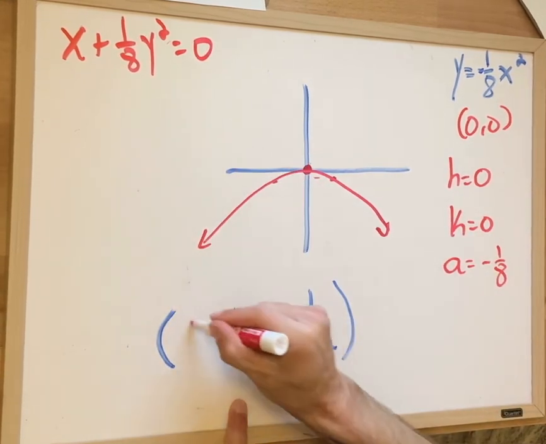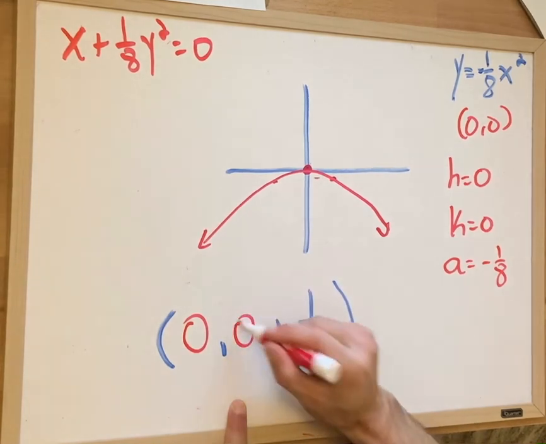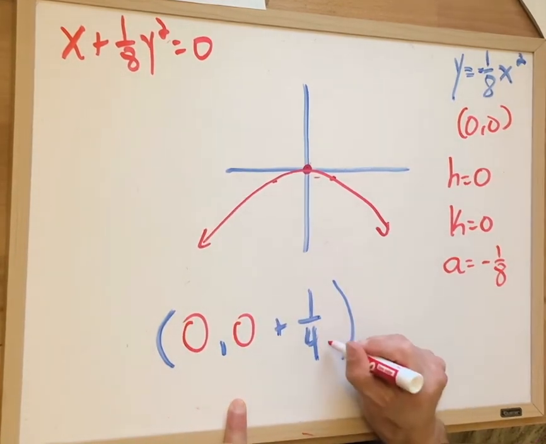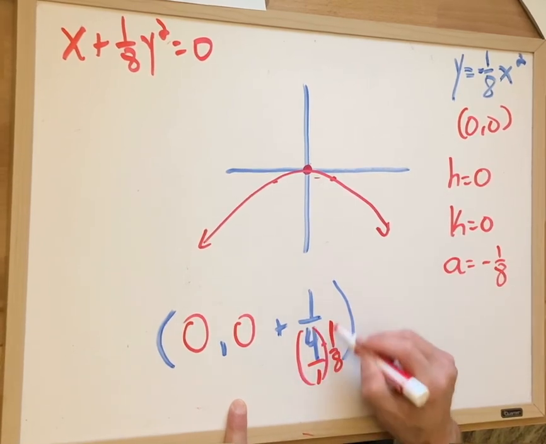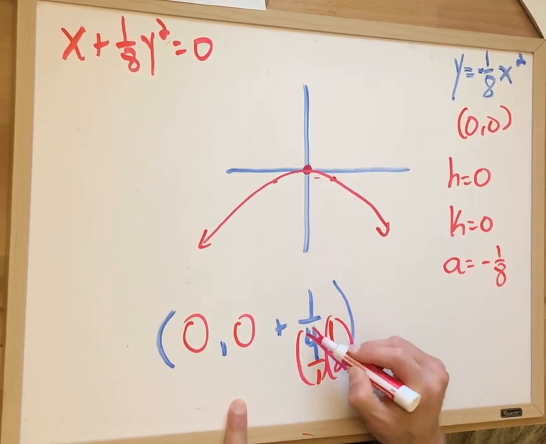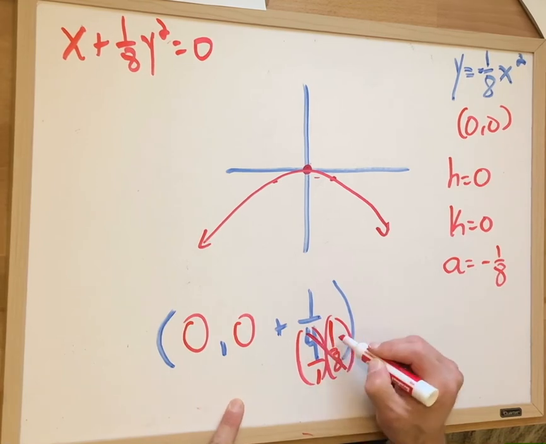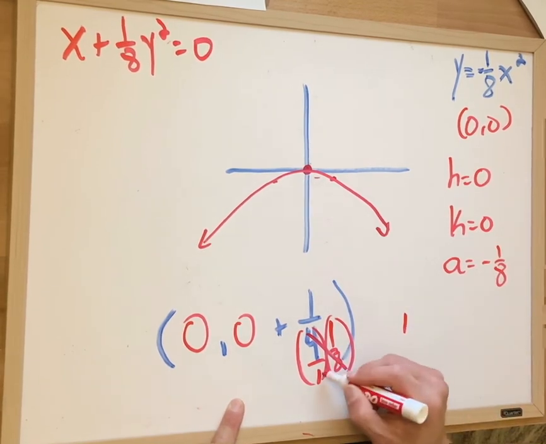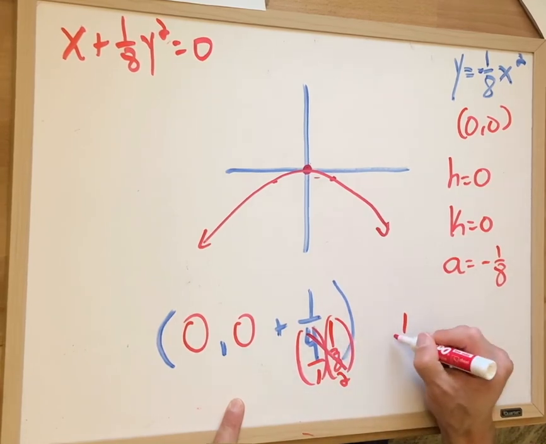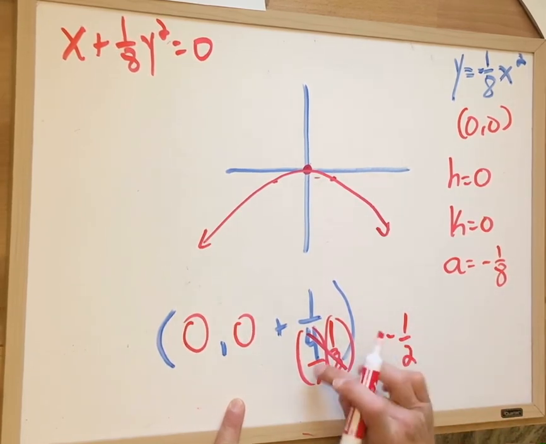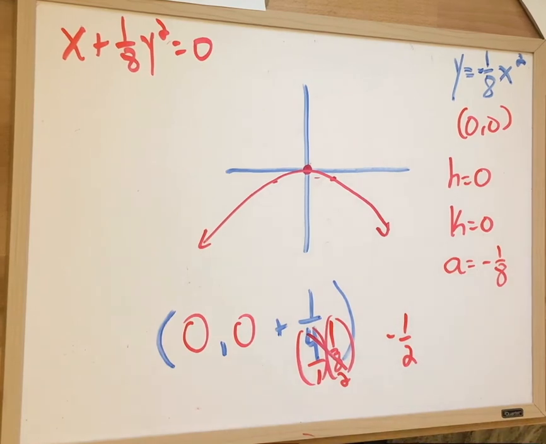My h is 0, my k is 0, my a is equal to negative 1 over 8. So if I were to multiply this, I'm going to get 1 times 1, which is 1. This reduces to 4 and 2. This is a negative though, so I'm going to have negative 1/2. This whole thing is going to give me negative 1/2.